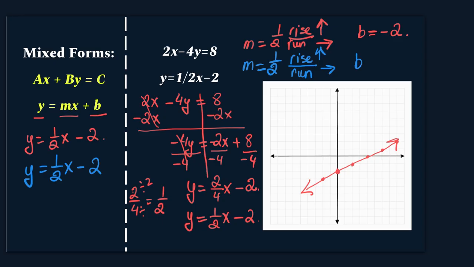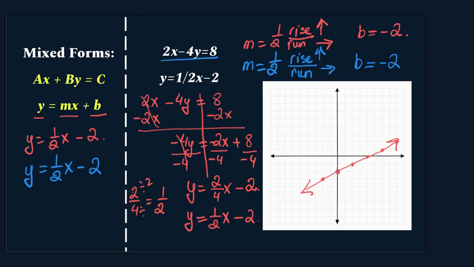And our y-intercept is negative 2. Well, what do you notice? It seems like both equations have the same slope and y-intercept. We did not see these similarities before because our first equation was written in standard form. Had we seen it, we would know that it's exactly the same equation.